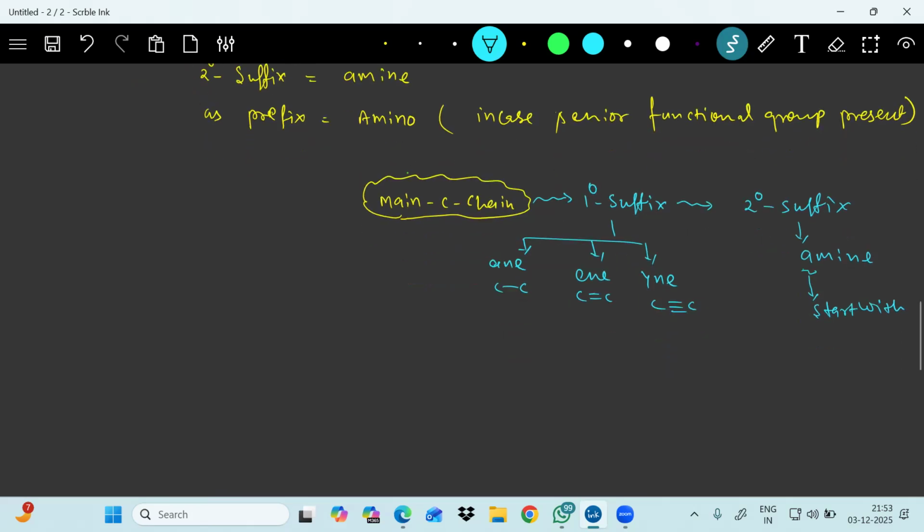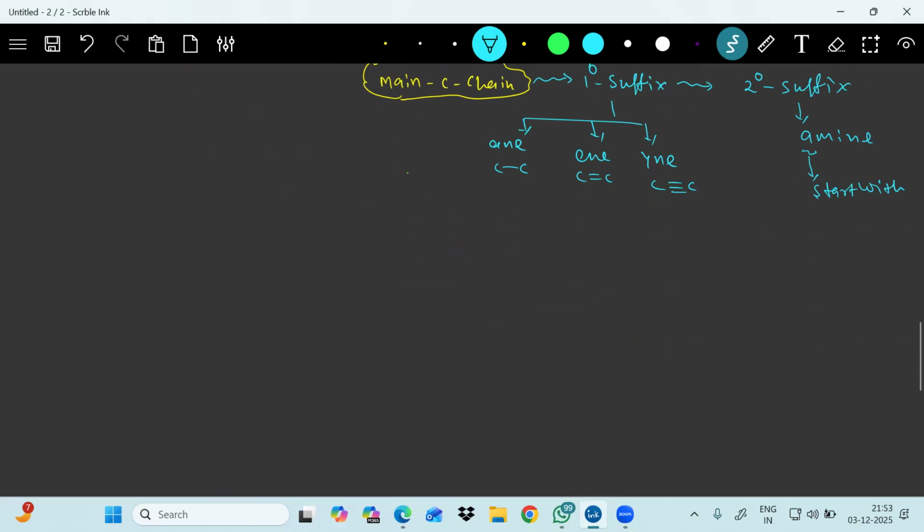So if the secondary suffix starts with a vowel, we will drop the E of the primary suffix. Clear?